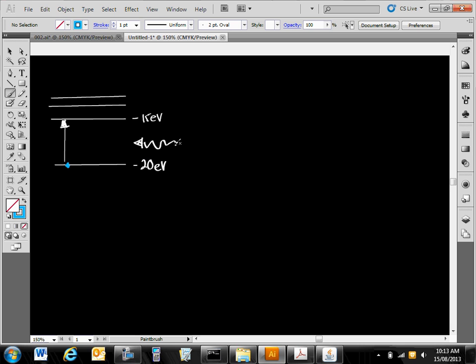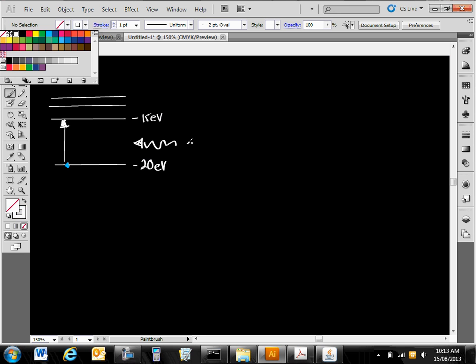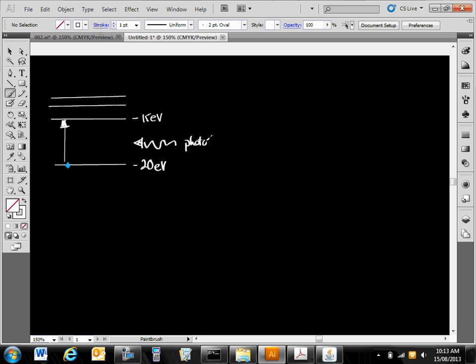So this is a photon here. That photon, in order for the electron to accept it and make this transition, must have 5 eV, almost exactly, of energy. It has to, for that transition to occur.